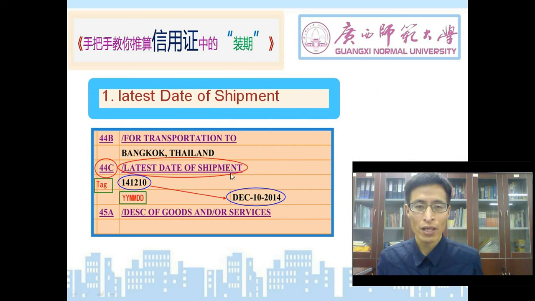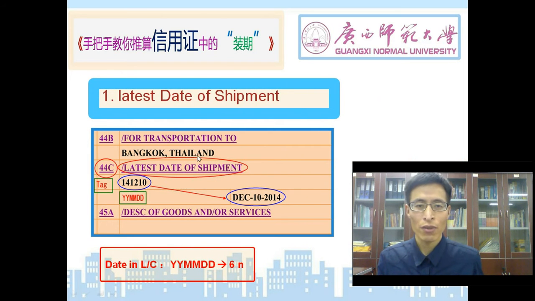Okay, let's see this picture. On this picture, there is the phrase latest date of shipment, and under this line there are 6 numbers: 14, 12, 10. So in the letter of credit, the date should be filled in this way, using YYMMDD.